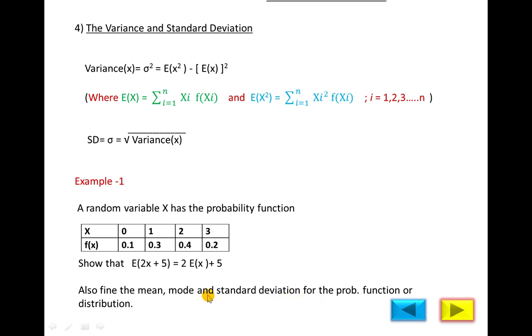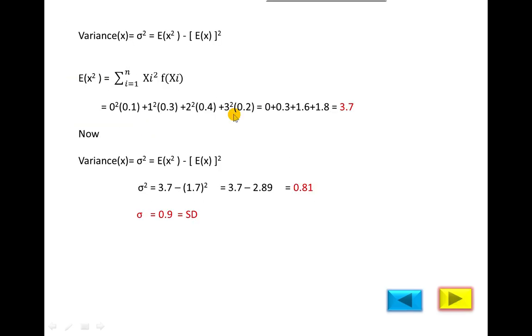Now find the standard deviation. For the standard deviation, first we will find E(x square). You have already found the value of E(x) as 1.7. For E(x square) we will use this formula: E(x square) is equal to the sum of x square f(x).